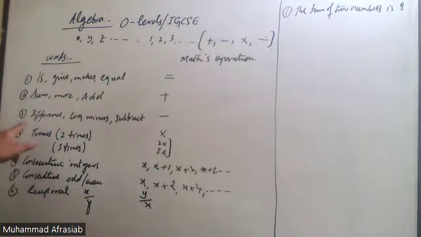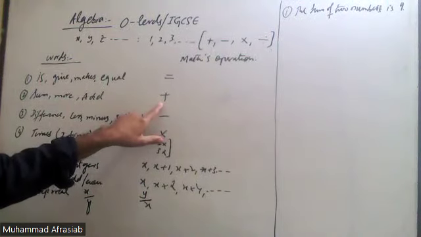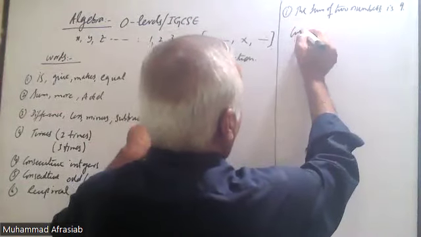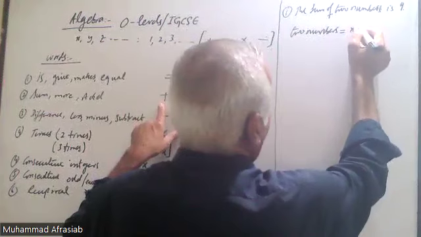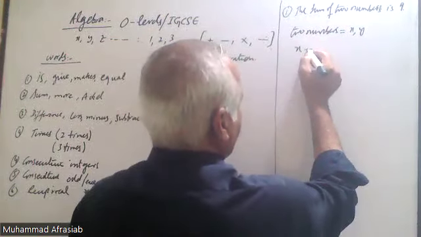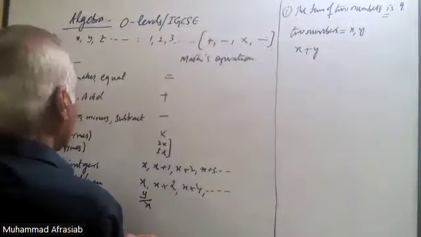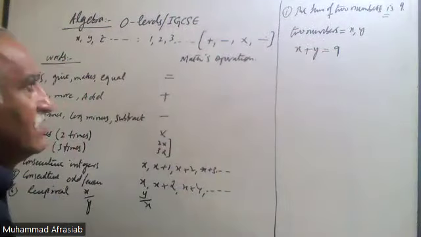The word sum means we will use the plus sign there. And let the two numbers be x and y. Then from this statement, the sum of x plus y is equal to 9.